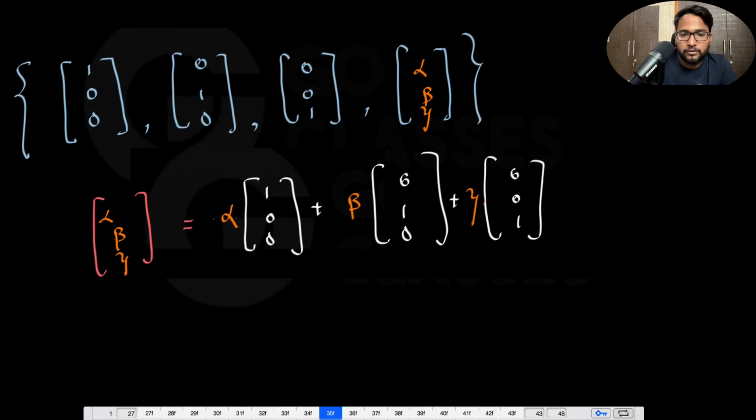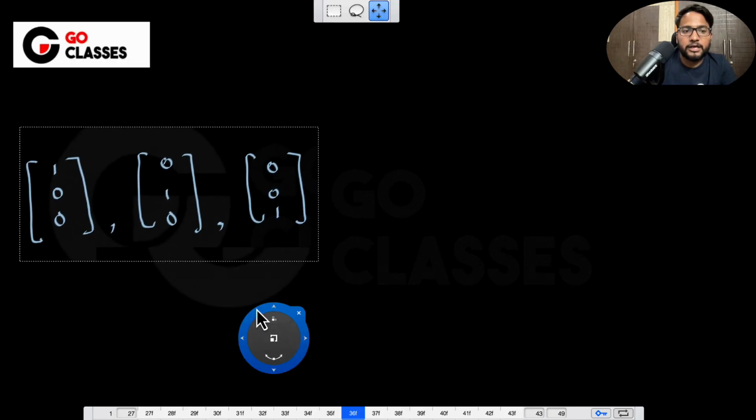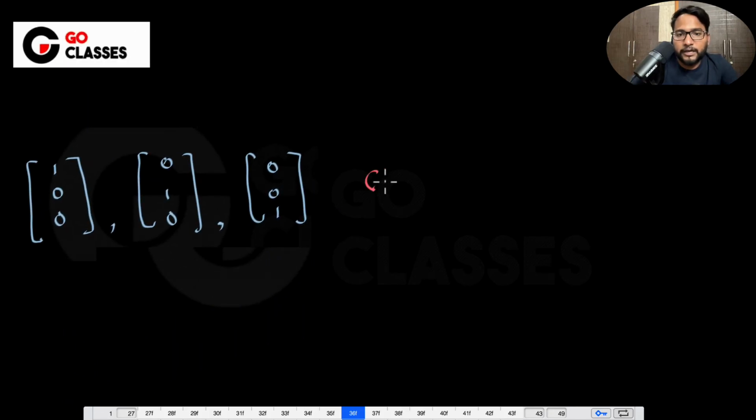Let me write it here: these 3 vectors can fill the space of R3. What does this mean?